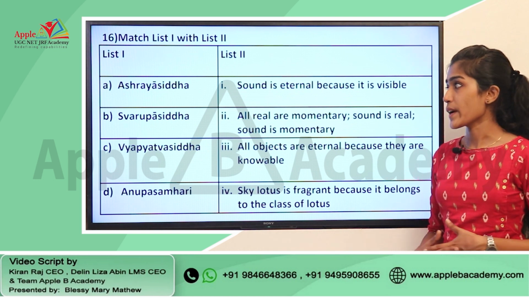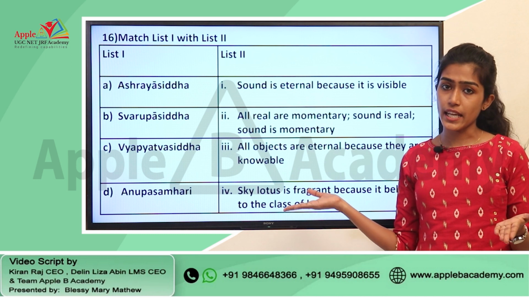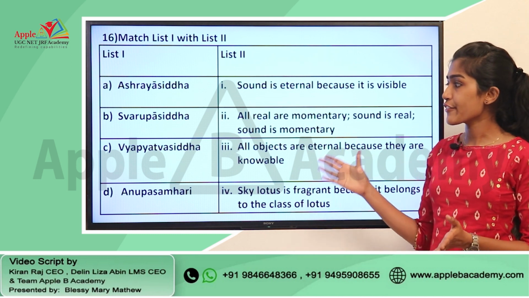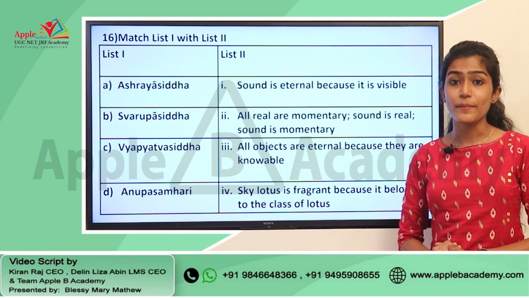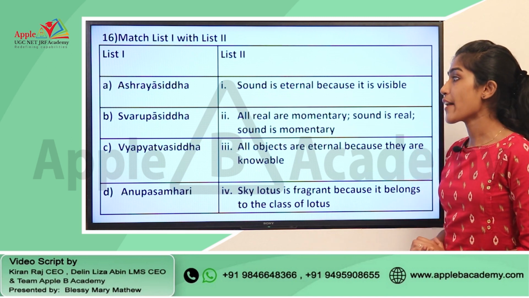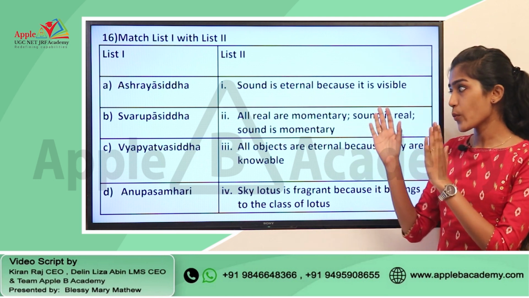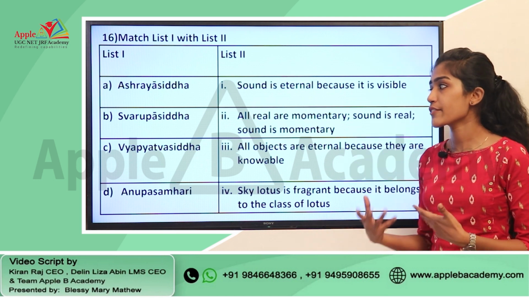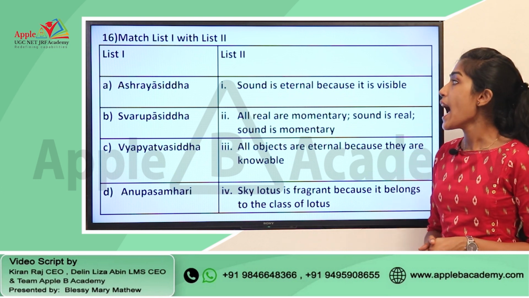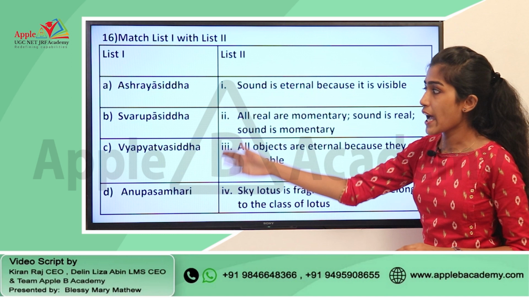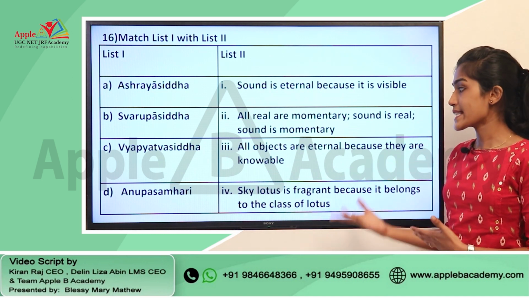Moving to the next question, we have a match the following question given here. So, this is from the area logical reasoning, and if you consider the options that are given here, obviously this is from Indian logic. So, we have list 1 and list 2, and if you consider the various options given here, this is from the area fallacies, right, Hetvabhasa, right. In list 1 we have the various types of fallacies, and in list 2 we have some examples given.